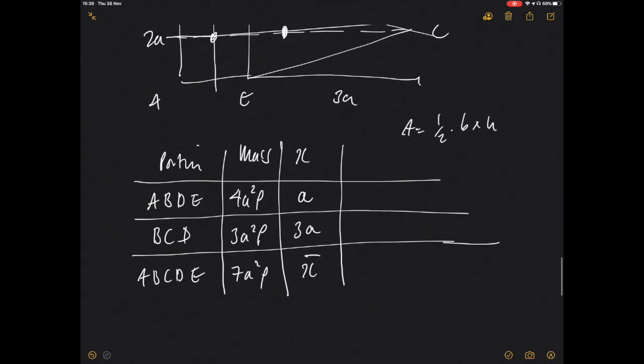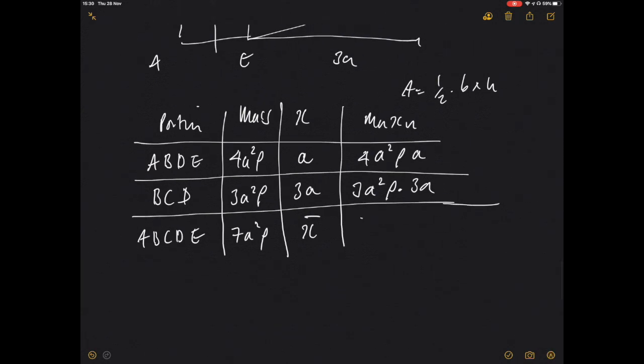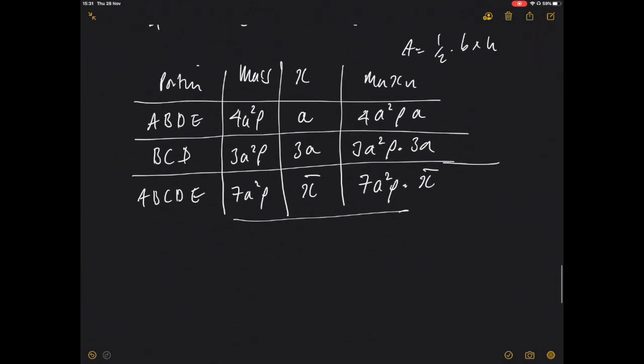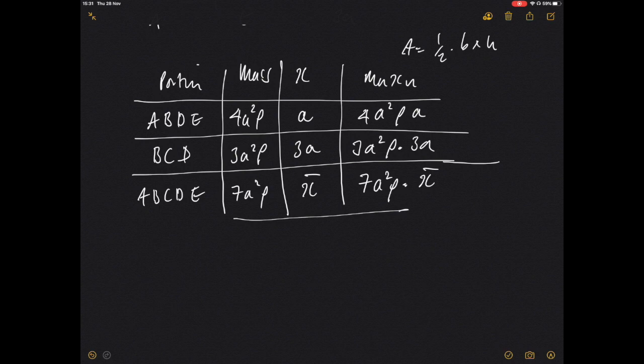If we then multiply these together, which would be m_n x_n, we would find that would be 4a squared rho times a, plus 3a squared rho times 3a, and that equals 7a squared rho multiplied by x bar. So all we're doing here is using this table to help us simplify.